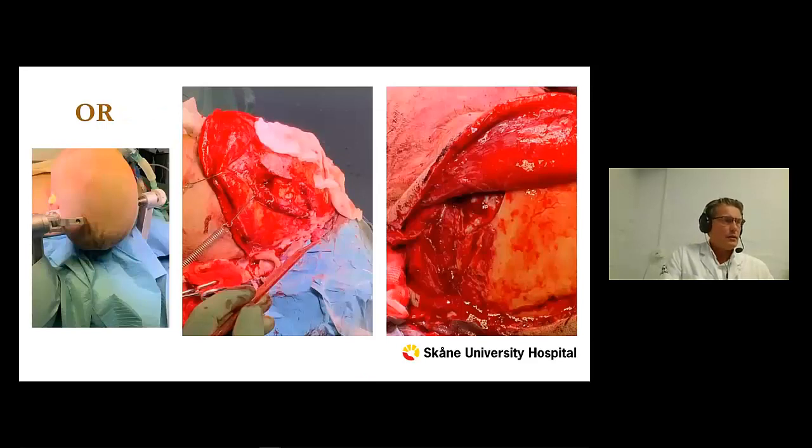This is a slide where we give the patient an alternate haircut, and we make an incision from the left ear over the head to the other side. Then we can fold the skin forward and expose the fractured bone up here. So this is the bone, and this is skin, and then you have the left eye up here.